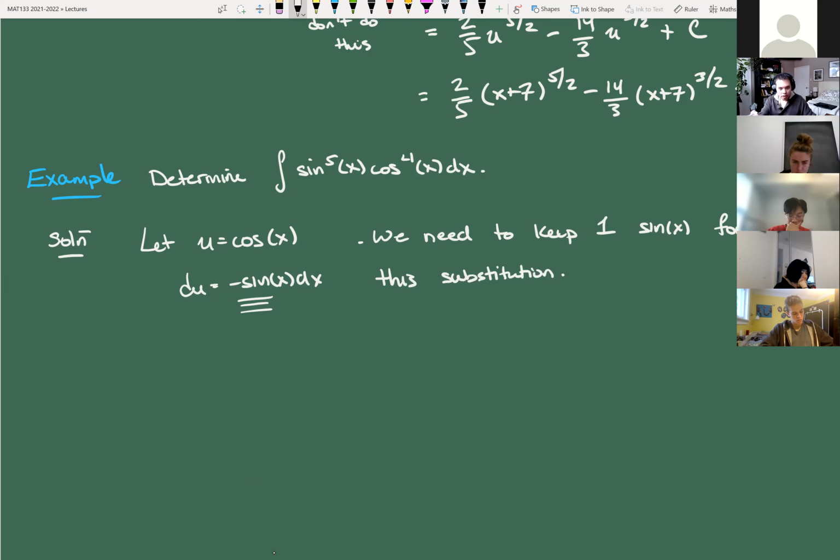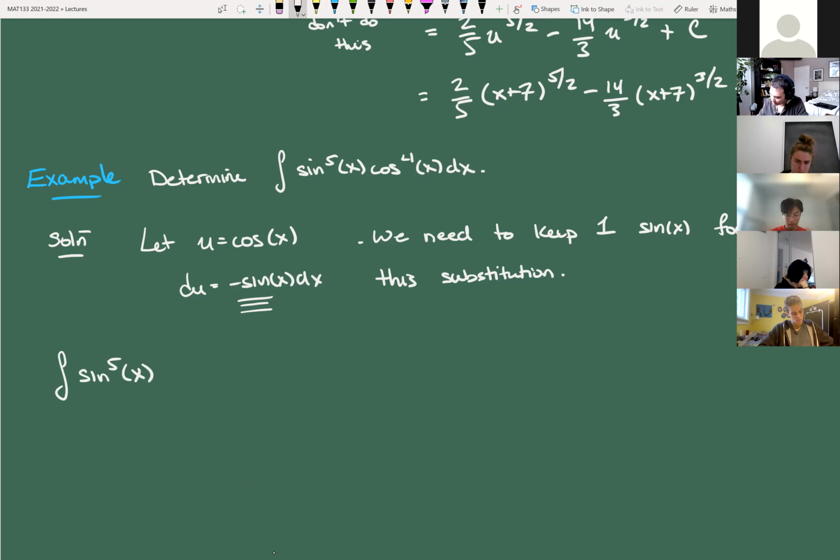And the reason why we chose cos x is because the power of sine is odd, right? Which means that once I take one of those sine x's out for the substitution, what's left over is even.